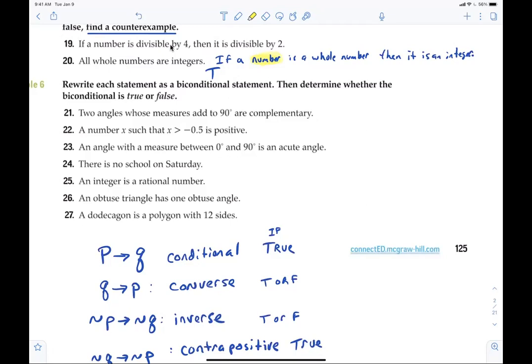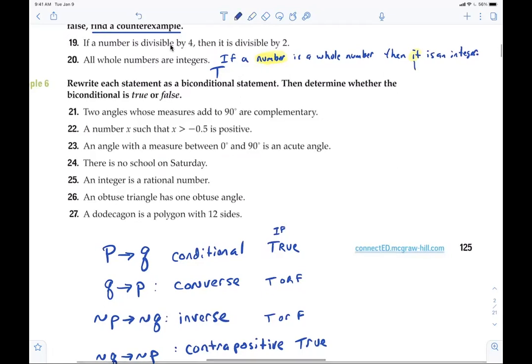Okay. All right, and again, I'm not very good at grammar. But I know that it refers to what? Number, right? So instead of "it is", we can just say if a number is an integer, then that is correct.